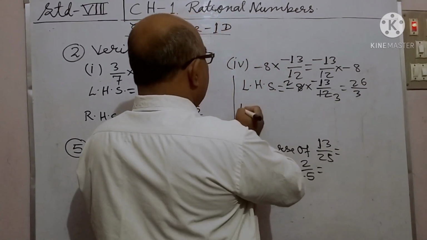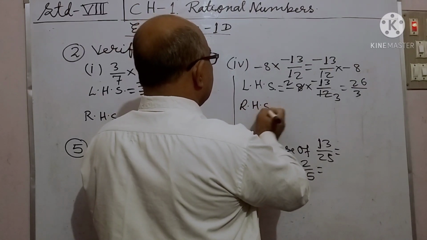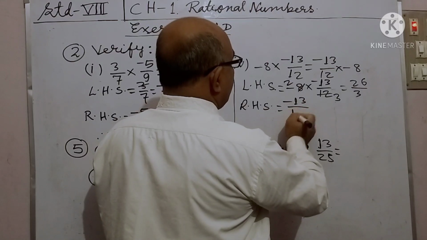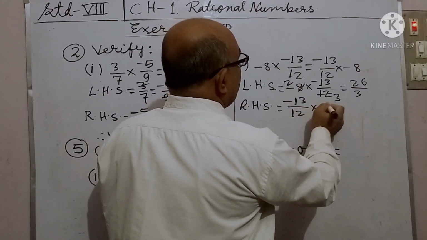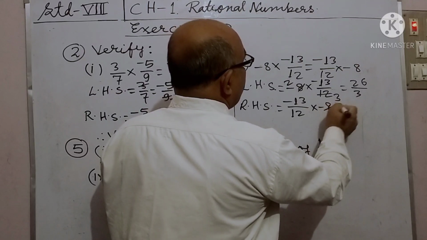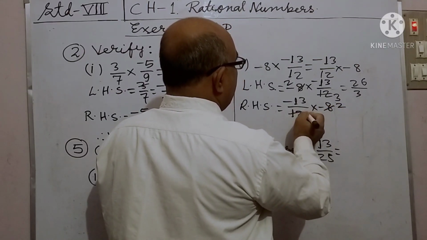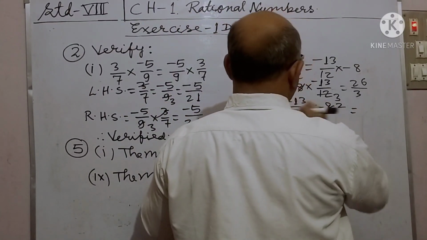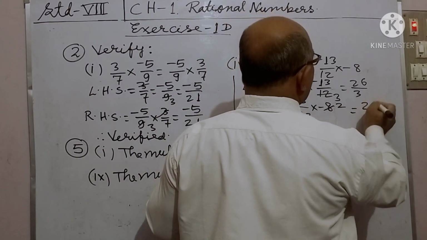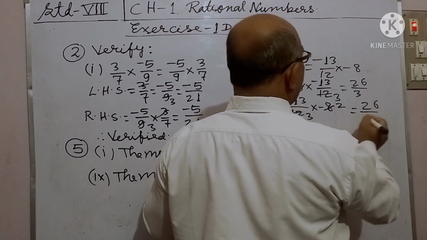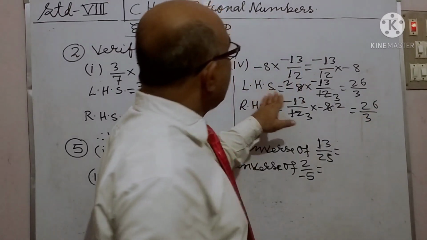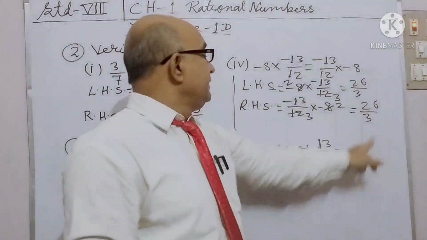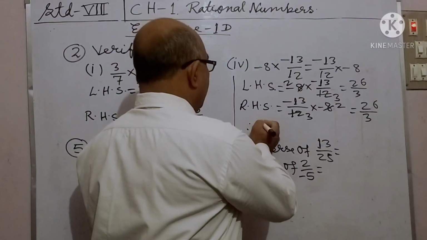And right hand side equal to minus 13 by 12 into minus 8. 4 twos are 8 and 4 threes are 12, equal to minus into minus plus 13 twos are 26 by 3. So left hand side 26 by 3 and right hand side also 26 by 3. So therefore it is verified.